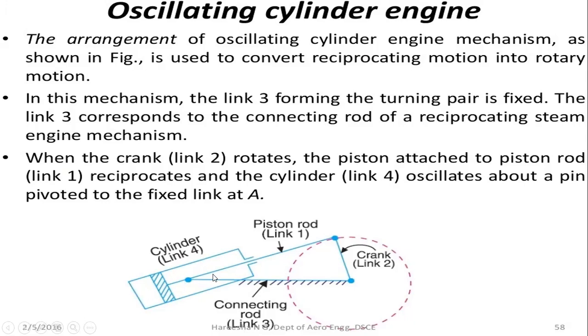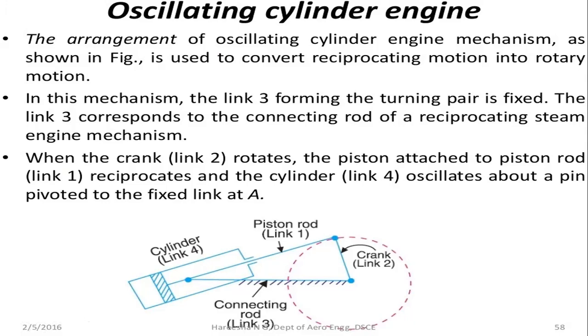So these are the four links. In this mechanism, link 3, forming the turning pair, is fixed. Link 3 corresponds to the connecting rod of a reciprocating steam engine mechanism.